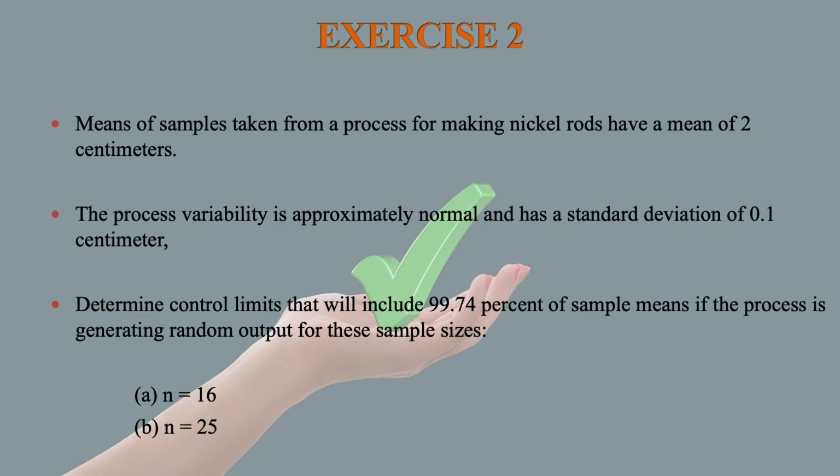So we have to perform this exercise for sample size n equal to 16 and sample size n equal to 25. Dear learner, once you know the expression for control limits, then there is no problem for calculating the control limits for any numerical.